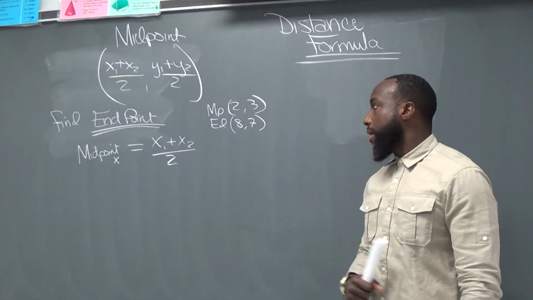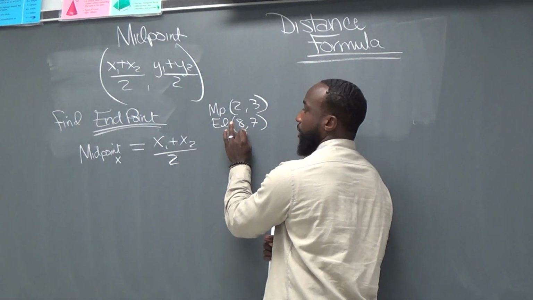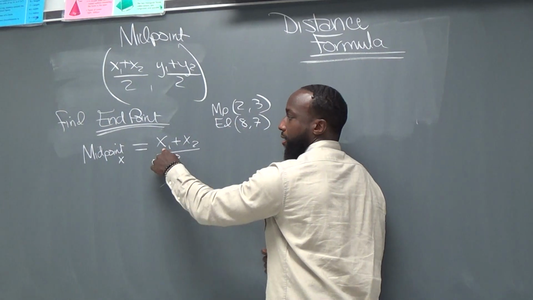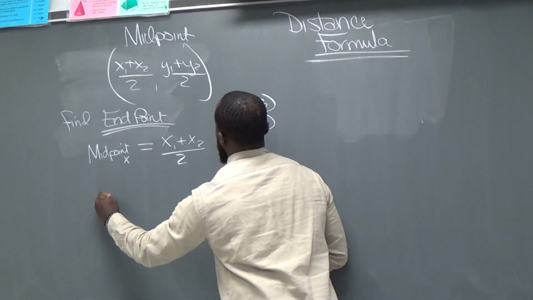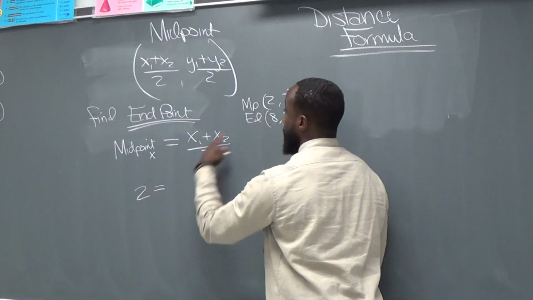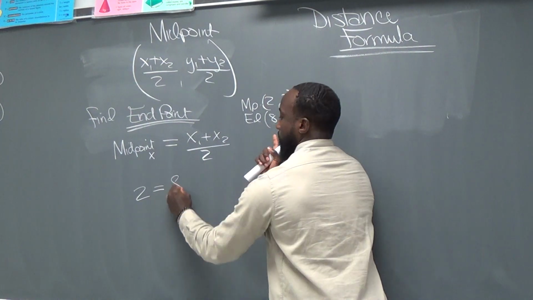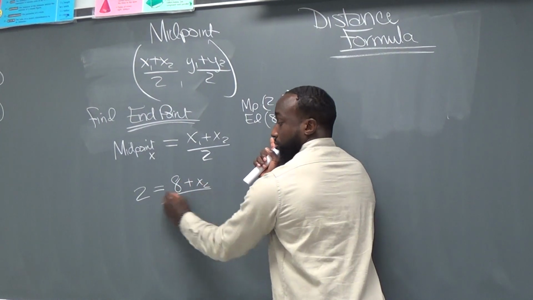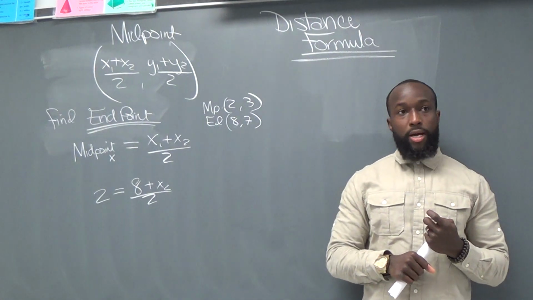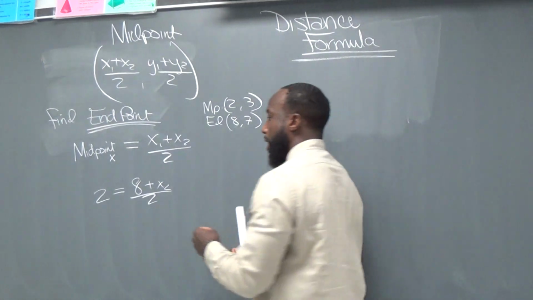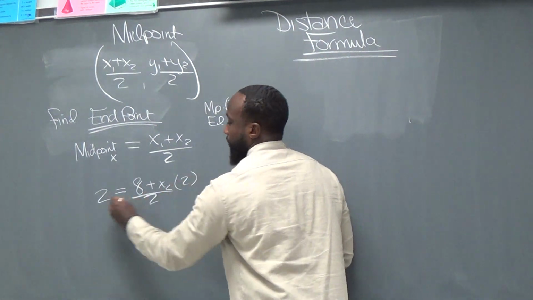We take this endpoint 8 and put it here, and we take this midpoint and put it there. So we end up with 2, which is the midpoint, equals 8 plus x2, because we don't know it, all over 2. We all good with that? Yeah. All right, cool. So now from here we just have to solve.